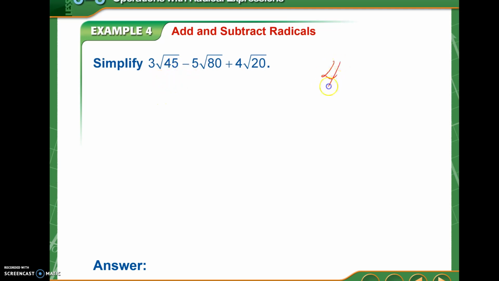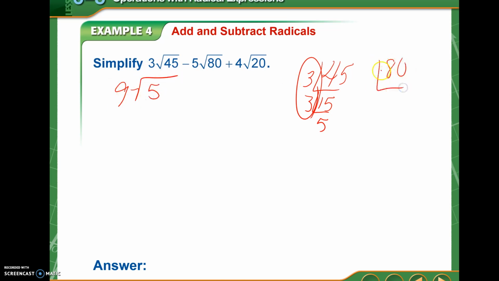So 45, we get a pair of 3's, so they go out as a 3, and I can rewrite this as 9 square root of 5. Same thing with 80.